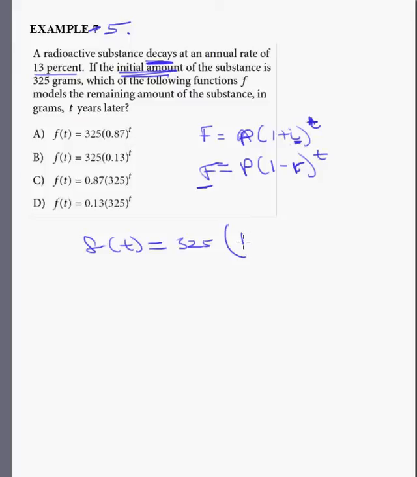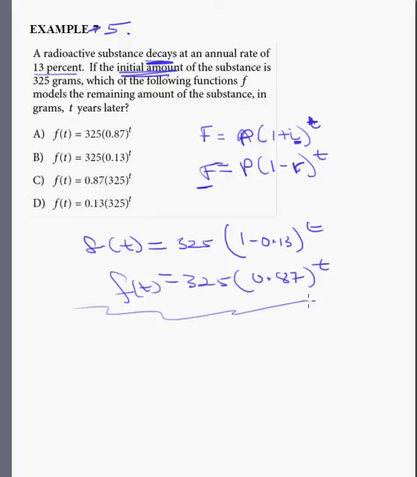That means it's going to be 1 - 0.13 to the power t. Then you simplify this as 325 times 0.87^t, and this is f(t). This is how it will look.